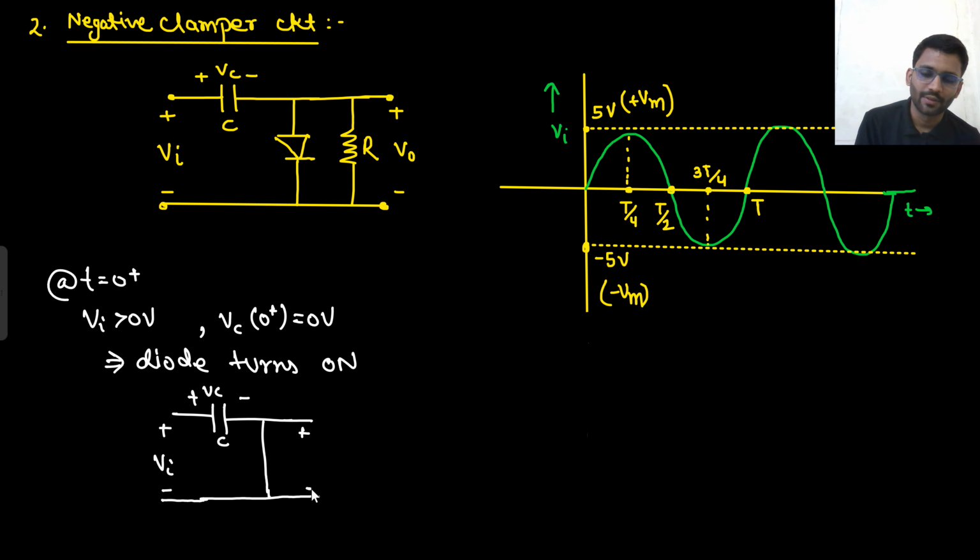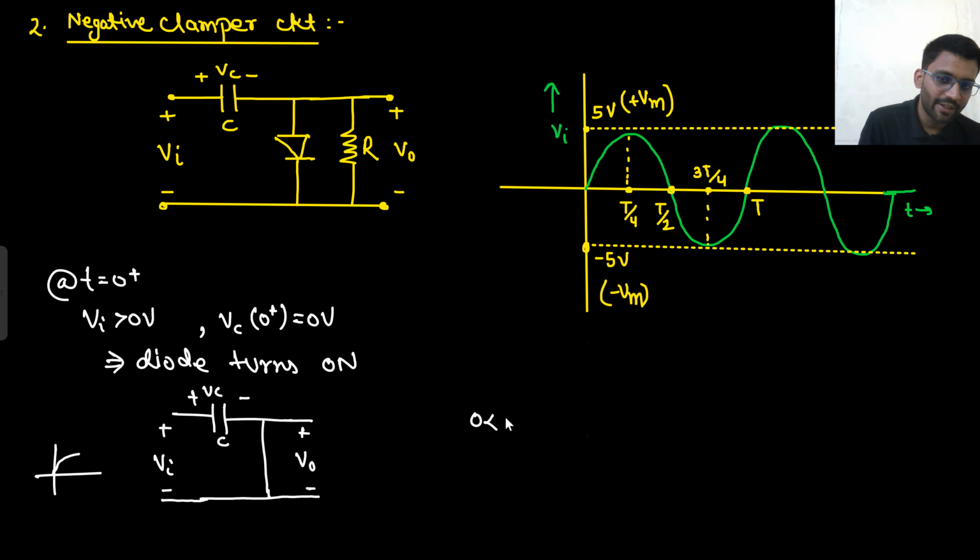And this is my V naught. Now my diode turns on. So basically what is happening? My capacitor voltage is following my input. So now what is my input? Input is like this. So the capacitor will charge in the positive direction, right? Better I should make the input till this time only. So now the capacitor is getting charged in this direction.